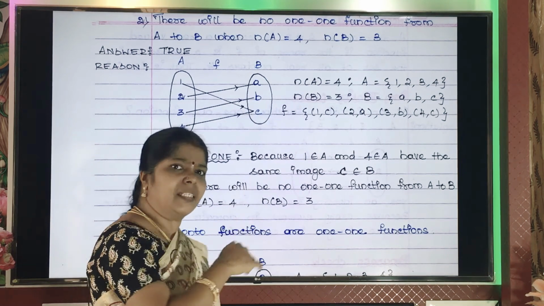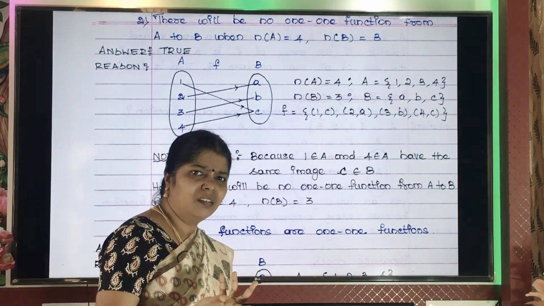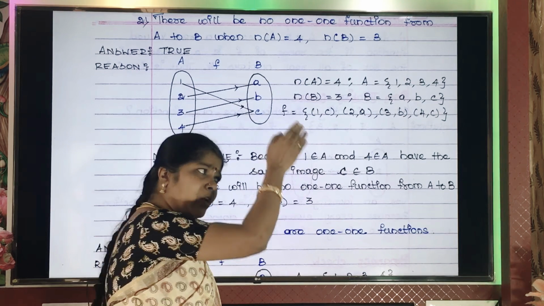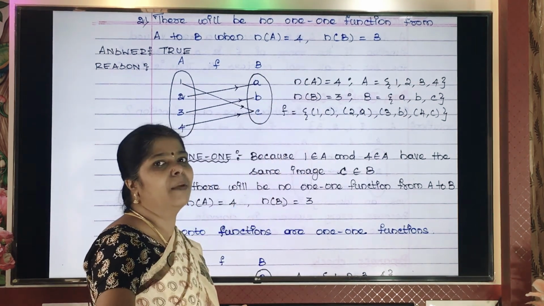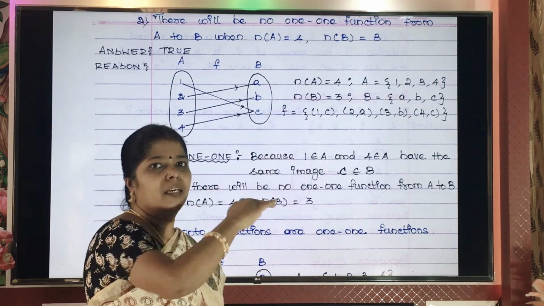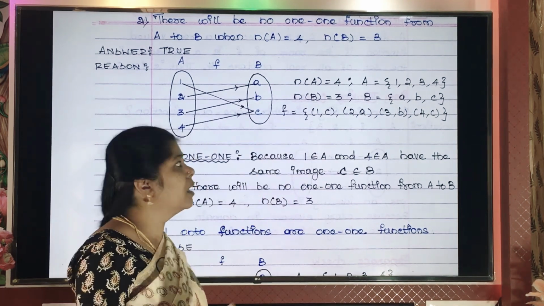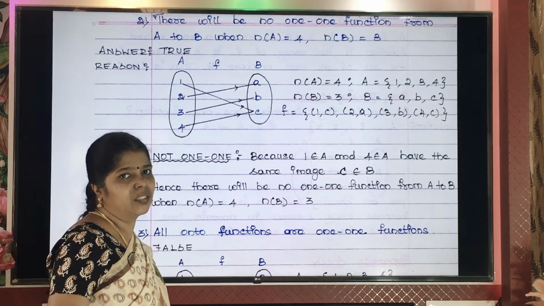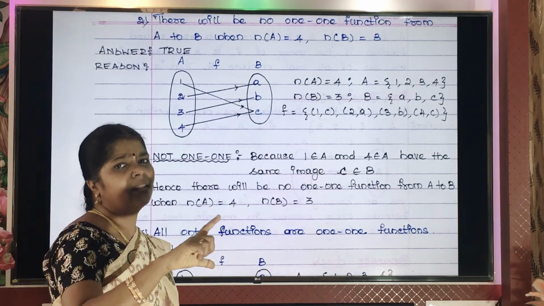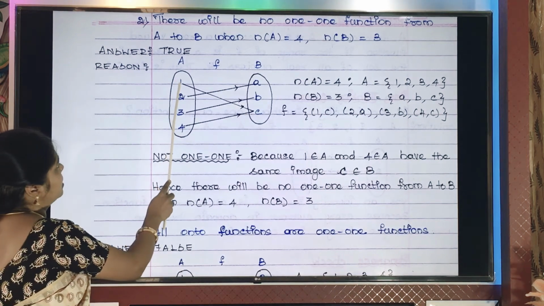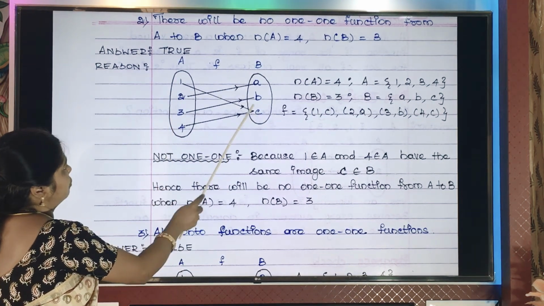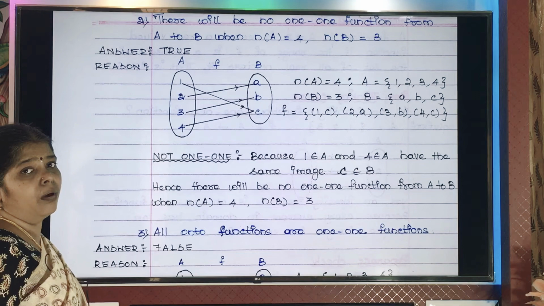In this case, can we get a 1 to 1 function? No, isn't it? When you have 4 elements here, here also you should have 4 elements. Then you will get different images so that you will get a 1 to 1 function. But here there are only 3 elements. So naturally, one element will become the image for 2 elements.